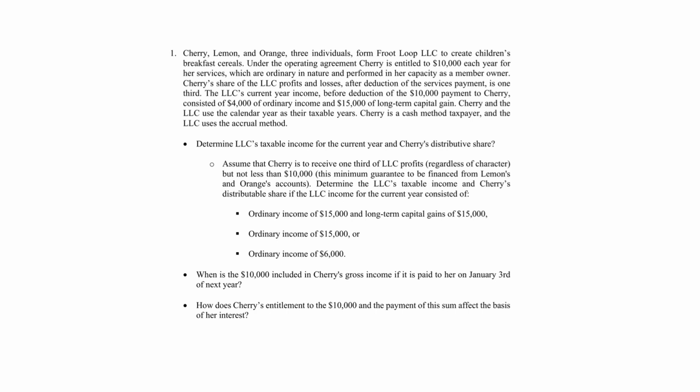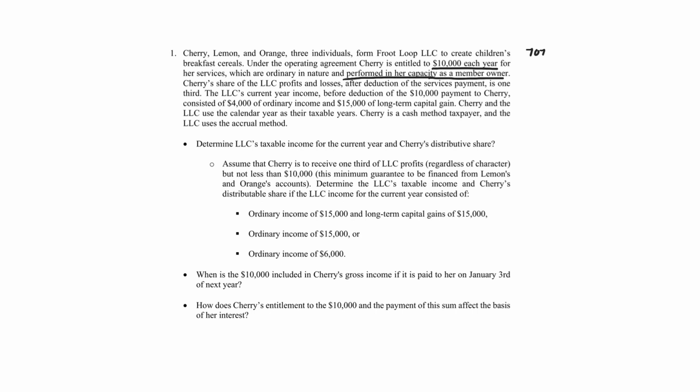Okay. So we're told that Cherry is entitled to $10,000 each year for her services, which are ordinary in nature and performed in her capacity as a member owner. Now, there's three different ways that payment can occur to a partner.